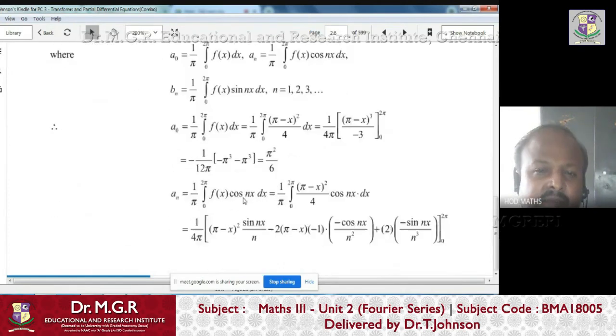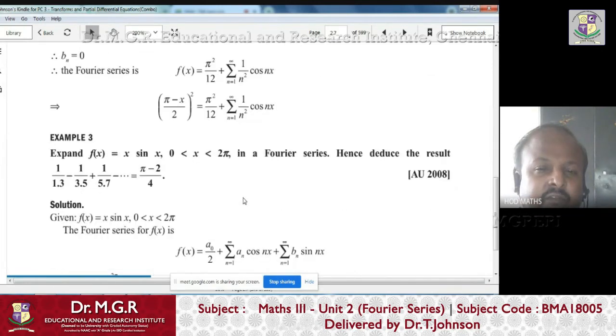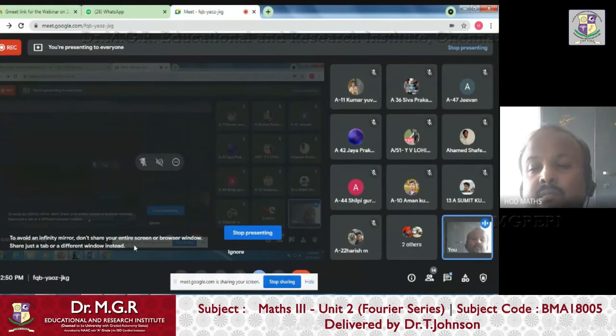The ultimate aim is simply to evaluate or represent the given function in terms of sines and cosines. Up to this, any problem? I understood, because now I am going to the problem. Can we proceed?